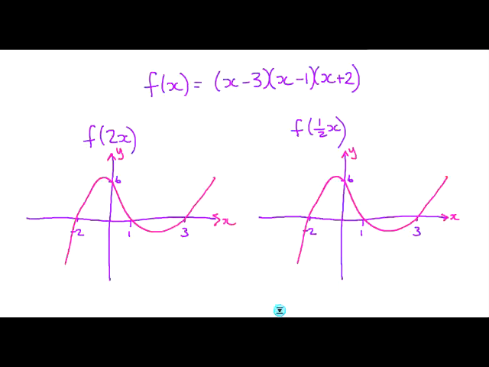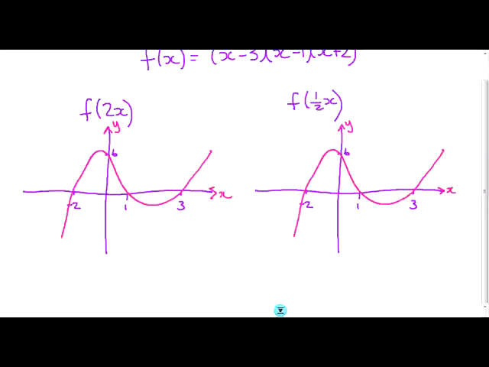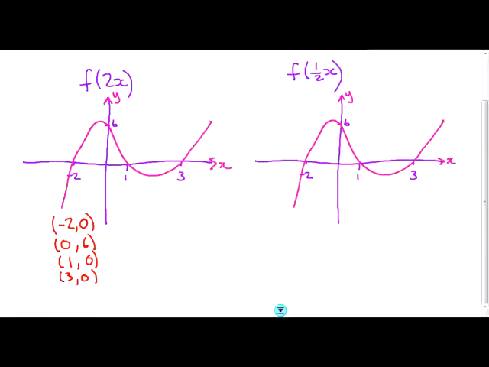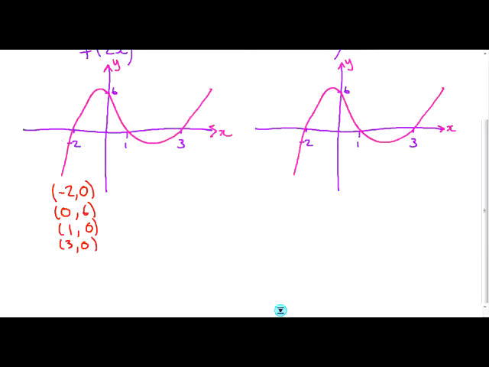So here we know, let's write our coordinates down. In fact, just pop this down a tad. Maybe one more. We've got the coordinates -2, 0, 0, 6, 1, 0, and 3, 0. I'll just make the screen a tad bigger. Now, we know the x coordinates are going to be halved and the y coordinates are going to be the same.